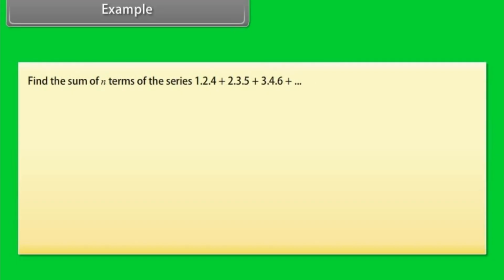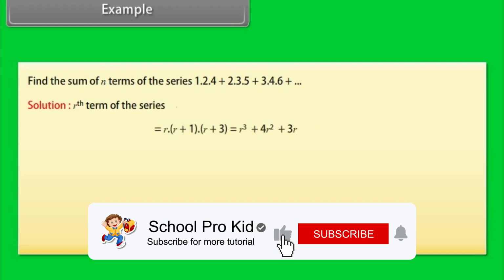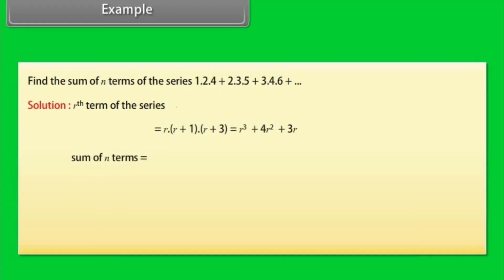Example. Find the sum of n terms of the series. Solution. The rth term of the series is equal to. The sum of n terms is equal to summation from r equals 1 to n of r cube plus 4 times summation from r equals 1 to n of r square plus 3 times summation from r equals 1 to n of r, which is equal to.